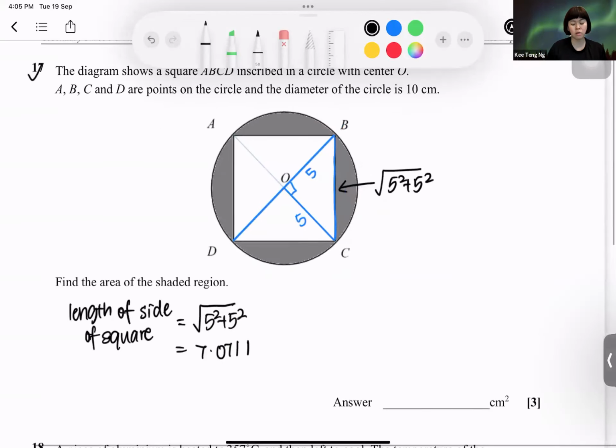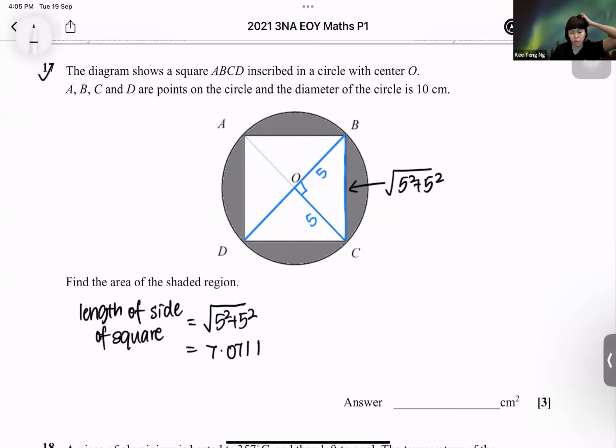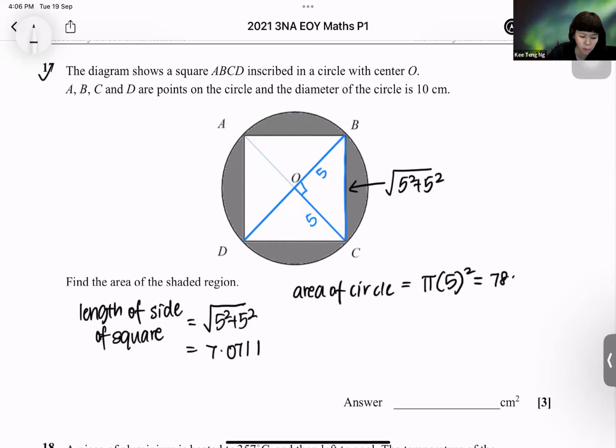They want you to find the area of the shaded region. First, I need to find the area of the circle. Let me see how many marks. 3 marks. So maybe even if I don't know how to find the side of the square, I just find the area of the circle and can also get 1 mark, right? Maybe, I do not know. Area is pi r squared, so the radius is 5, pi times 5 squared. That gives me 78.5398.